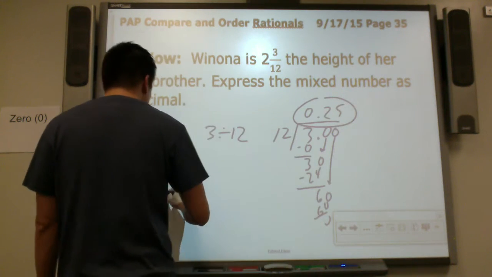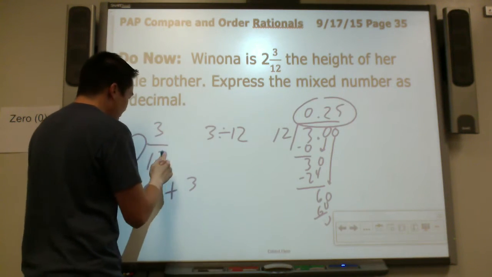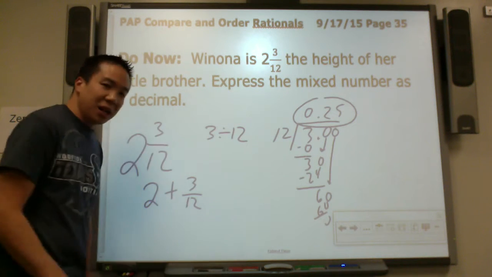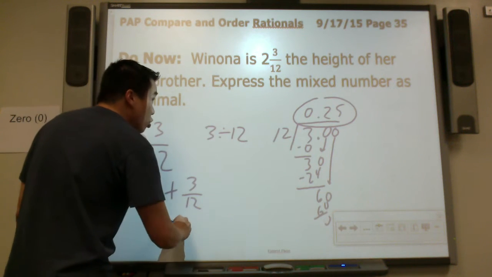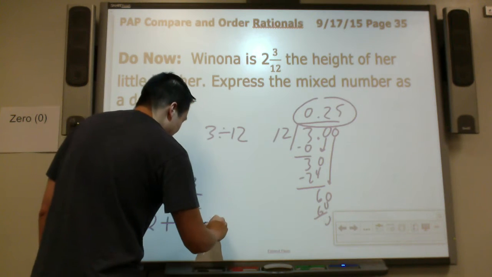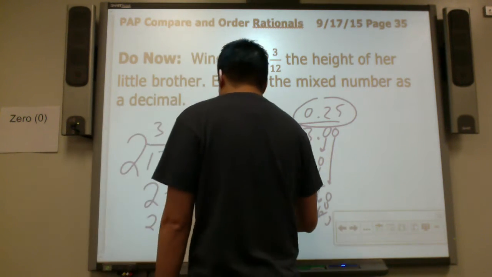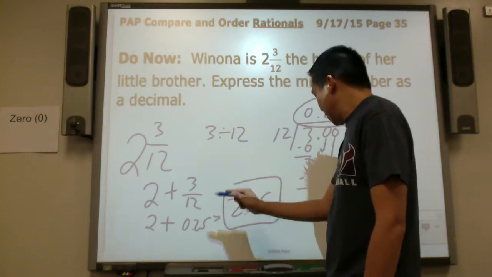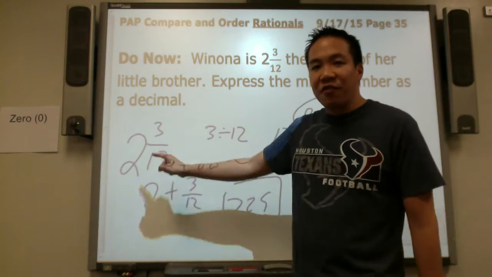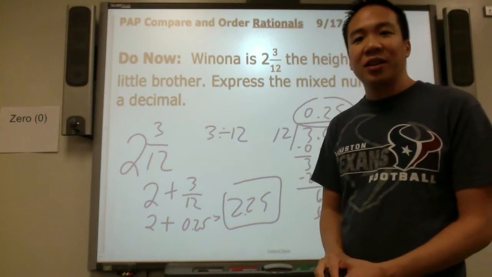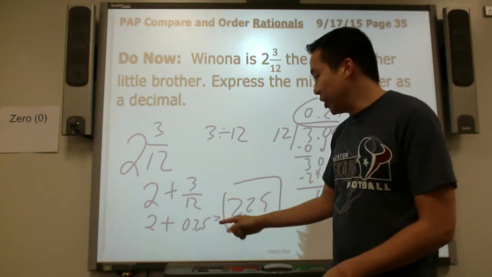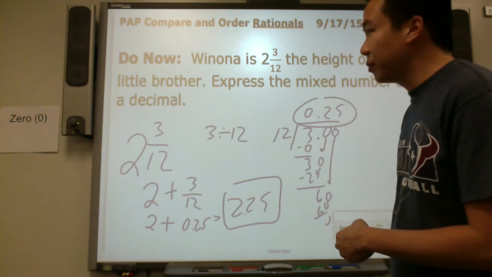Remember from elementary school, 2 and 3/12 is the same as saying 2 plus 3/12. 2 plus 0.25 adds up to 2.25. Did you know you can simplify 3/12 to 1/4? And 1/4 is equivalent to 0.25, or 3/12.